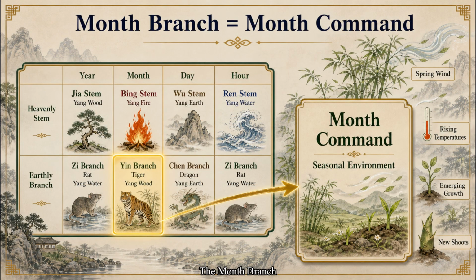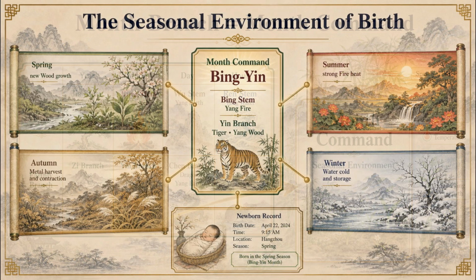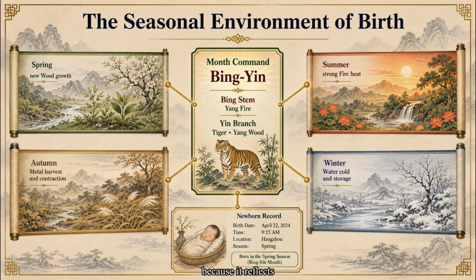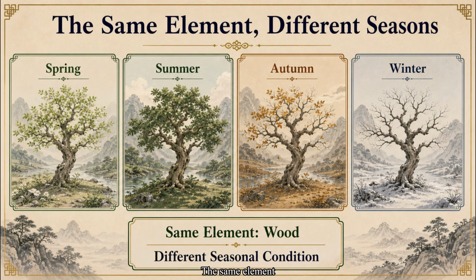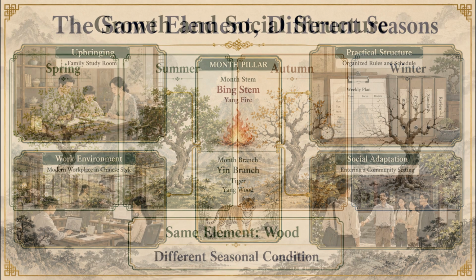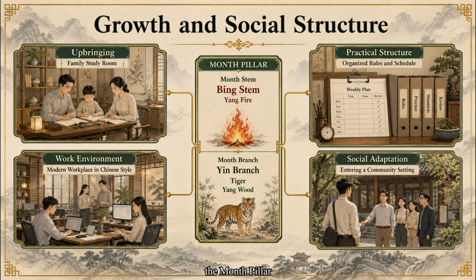The month branch is often called the month command in BaZi analysis. The month command is important because it reflects the seasonal environment at the time of birth. The same element may behave very differently when it appears in a different season. Traditionally, the month pillar is also used to examine upbringing, practical structure, work environment, and social adaptation.